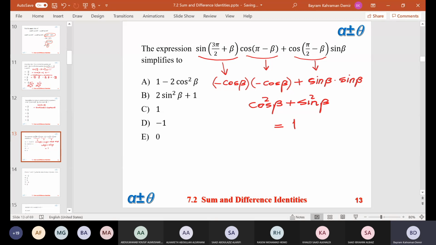So use the formula and simplify the answer. So I'm just leaving these two steps for you. You need to write the formula, and then at the end you will get negative cosine beta, and the other is negative cosine beta. Okay. Yes.